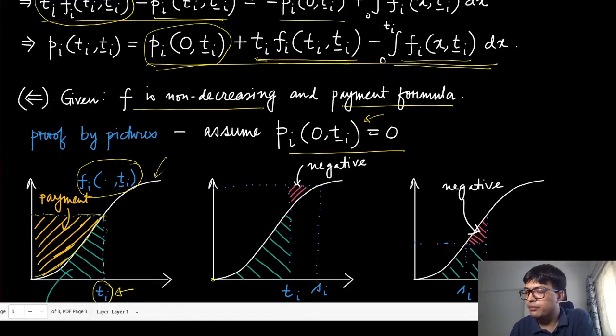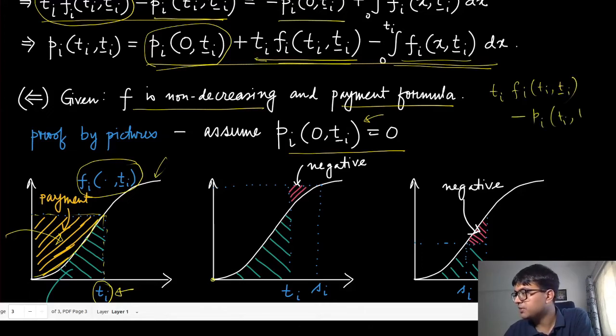Therefore the payment is nothing but this yellow section here, because we have this rectangle and subtracting out the area under this curve leaves the yellow one. But we also know that the utility is ti fi(ti, t-i) minus this payment pi(ti, t-i).